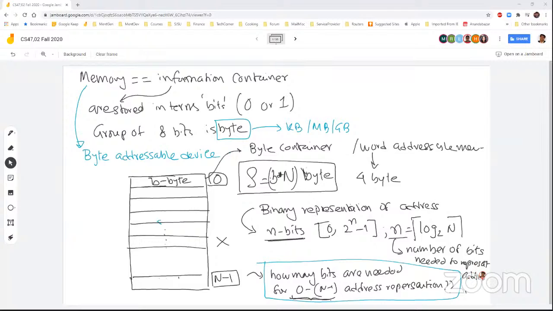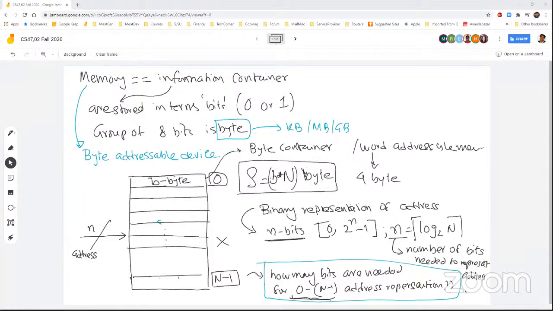So that's what you see here. Your address bus coming out of the processor has n number of bits. Question so far? So we have a couple of relations here.